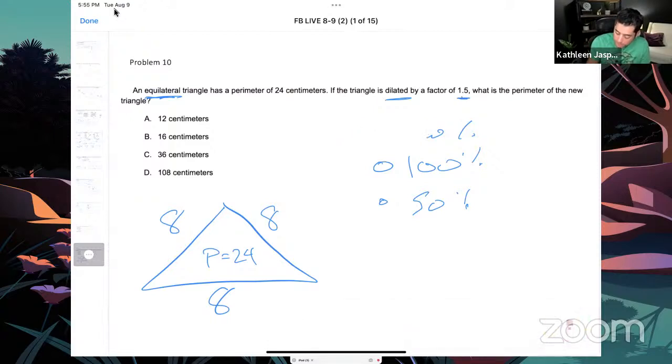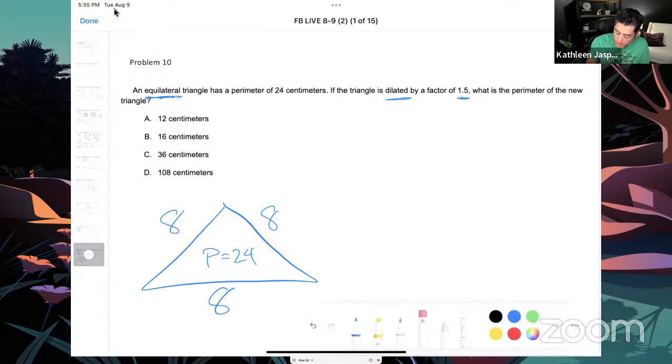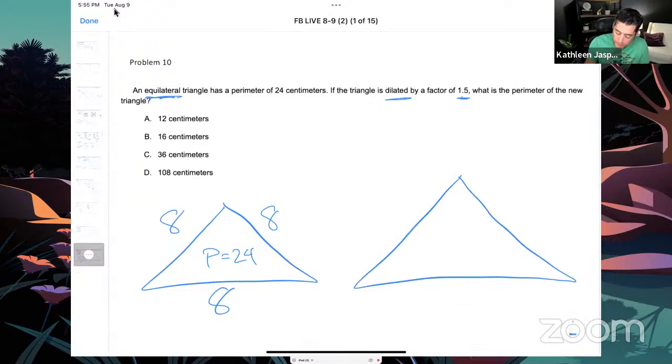But either way, if it's dilating at a scale factor of 1.5, that means I have an equilateral triangle that is bigger than this triangle by 1.5. So I take my side value and multiply it by 1.5, that's a scale factor of 1.5.